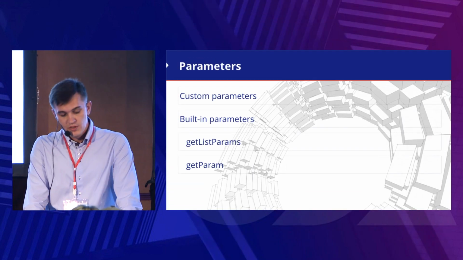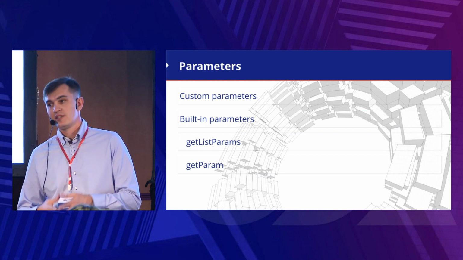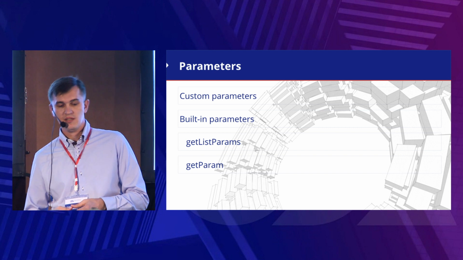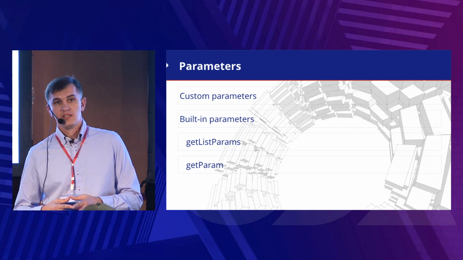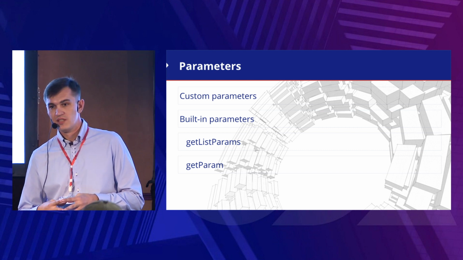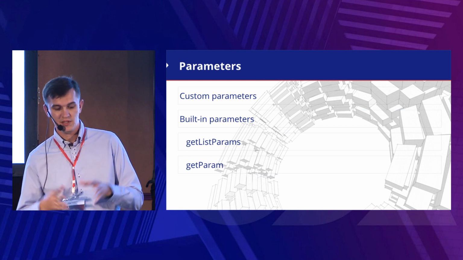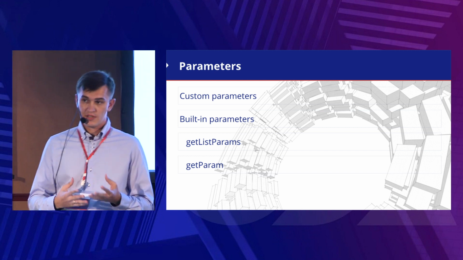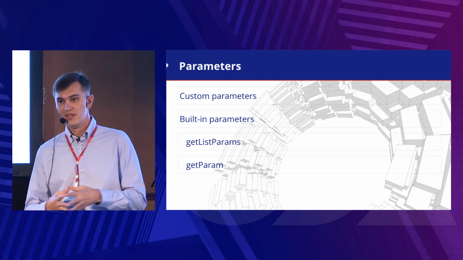Next important part is parameters. We can create custom parameters and edit them in the database, and also each element contains 4 different arrays with parameters, but this array is usually free, it doesn't have any parameters. But built-in parameters are very important for using BIM elements.